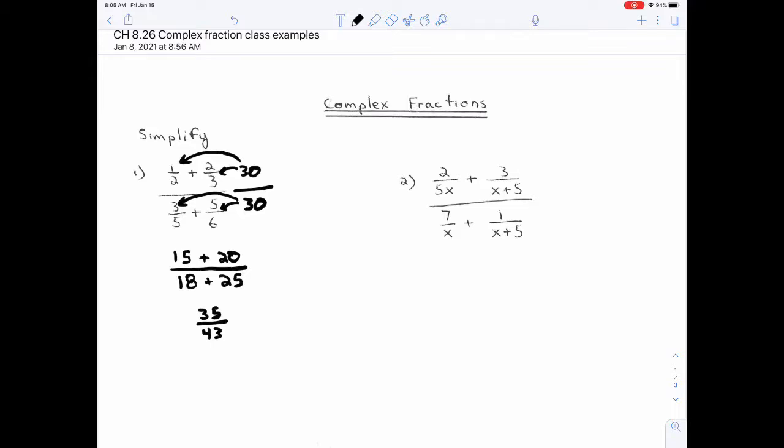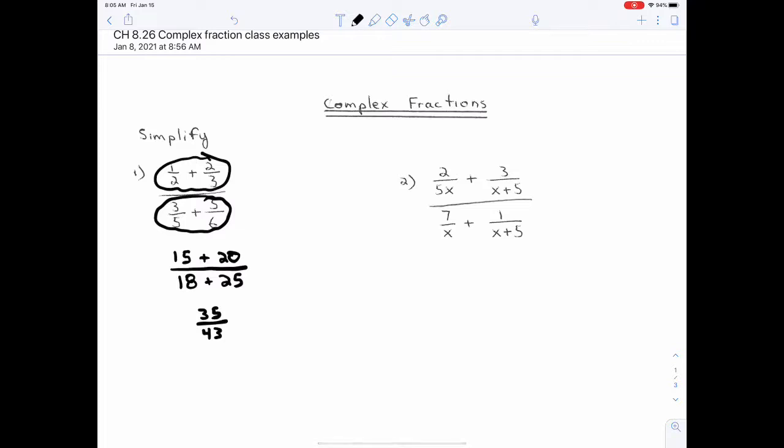Now, I do want to point out something. You can do it this way, but it is possible to do it another way. And that is, take these two fractions, add them, take these two fractions, add them, and then invert and multiply.